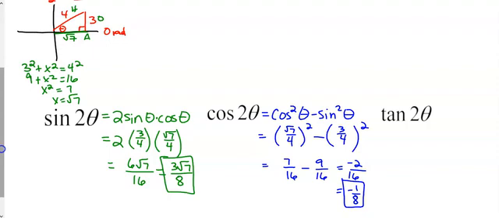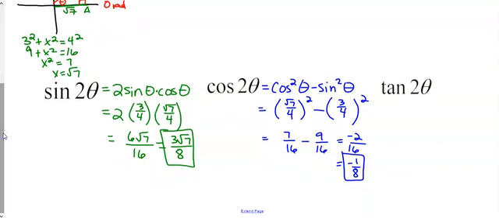Okay? And then tangent 2 theta. This one's formula has a little bit more to it. This one is 2 tangent theta over 1 minus tangent squared theta. Okay? So 2 times tangent, we've done that one. Have we done that one?